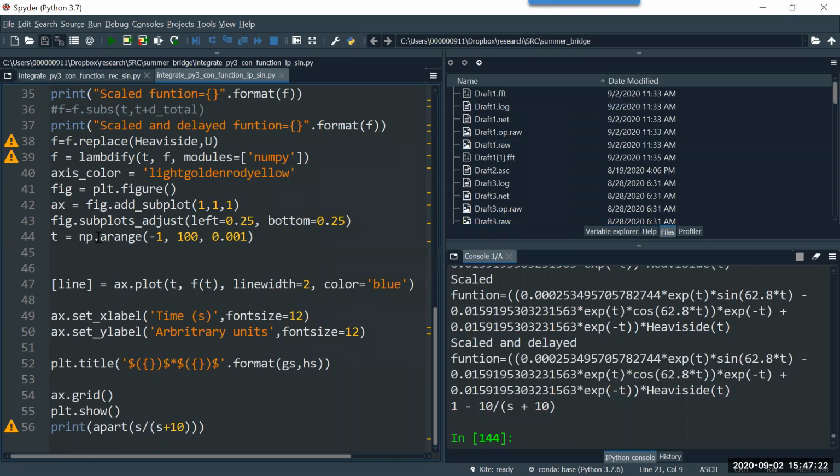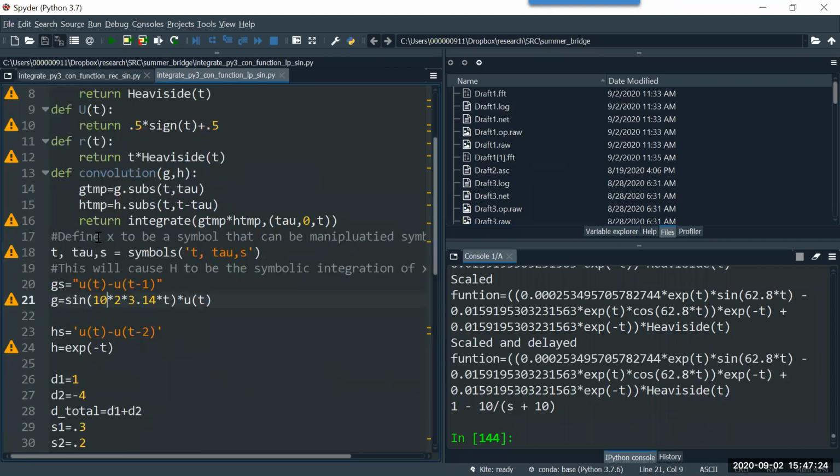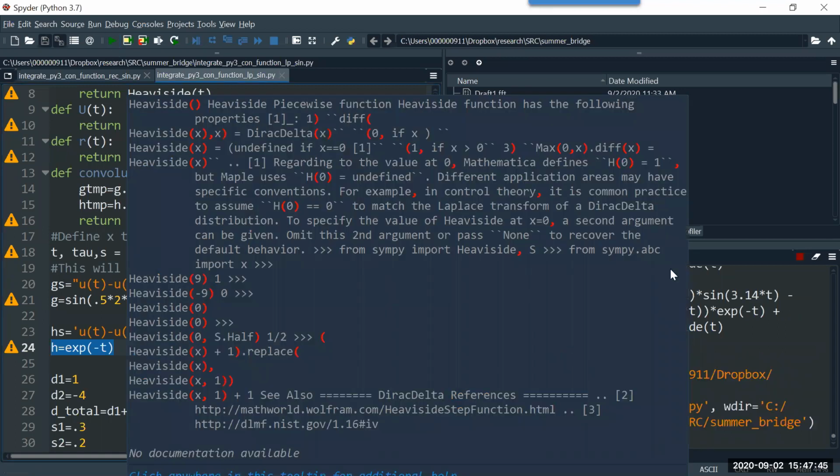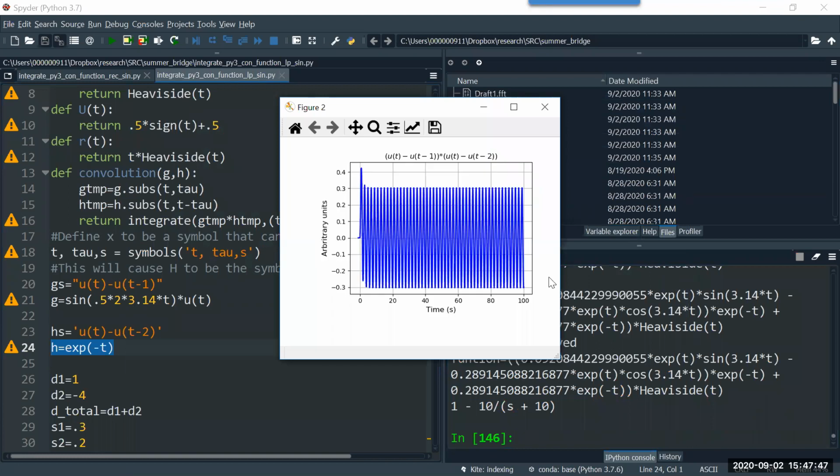But in this case, I want to convolve this sine wave with a decaying exponential. And I get this. Now, this was a little bit more than what I'm prepared to explain today.